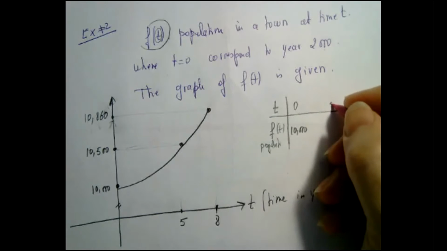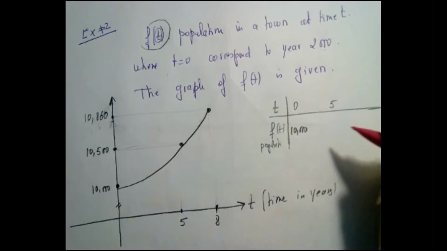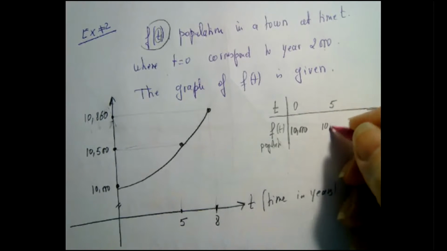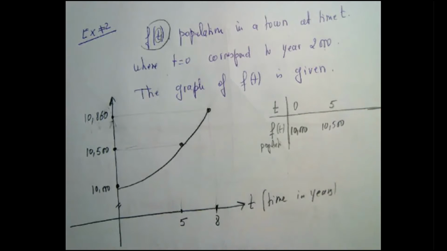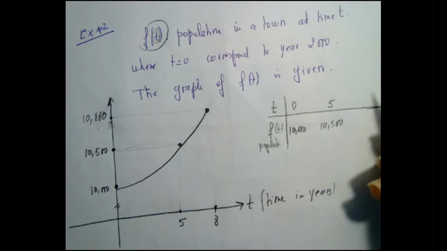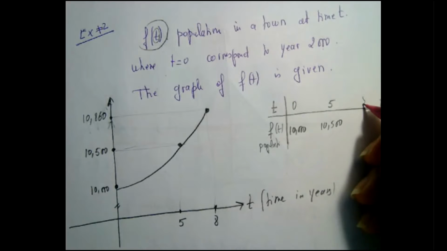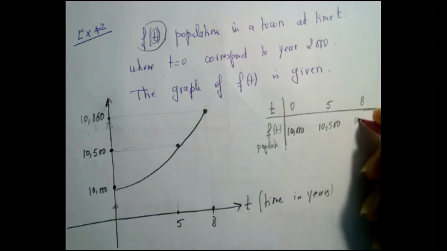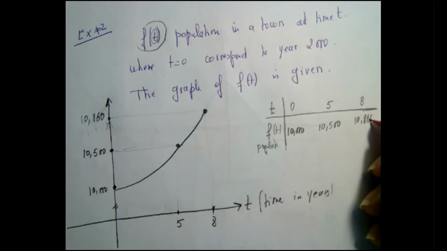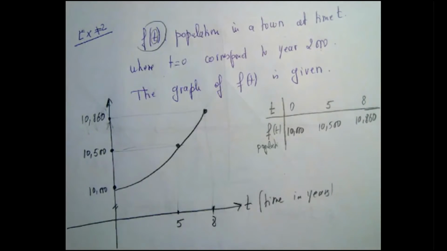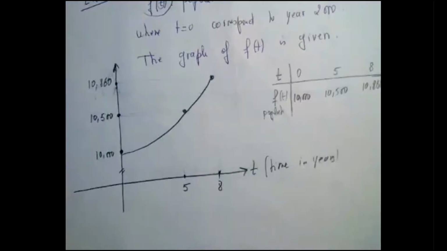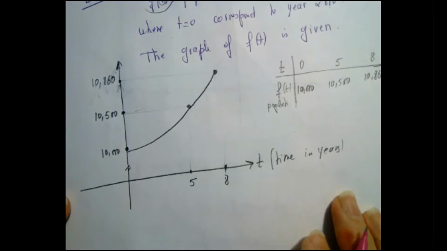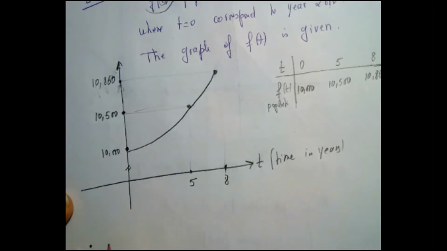At t equal to 5, because those are the only numbers I gave you, 10,500. I'm putting the values here so we all know what we're doing. At t equal to 8, the population is, according to my picture, 10,860. Okay, so that's my graph. Now my question is, find the average rate of change.